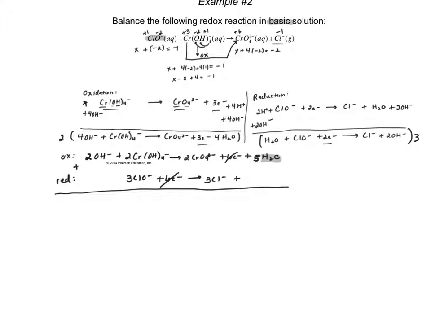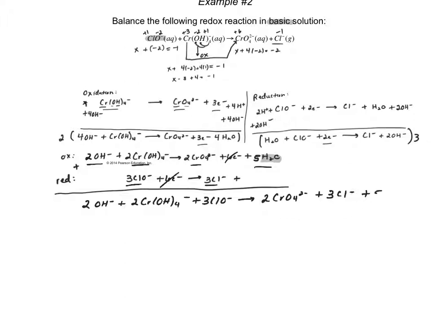And so we are left at this point in time with 2 OH- plus 2 Cr(OH)4- plus 3 ClO-, goes to 2 CrO4 2- plus 3 Cl- and 5 waters.